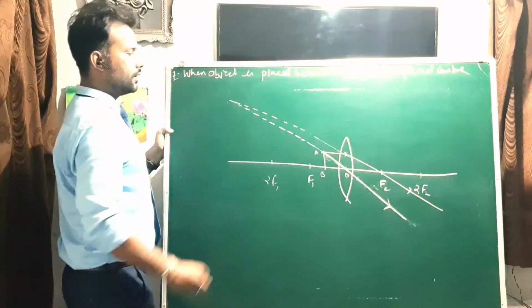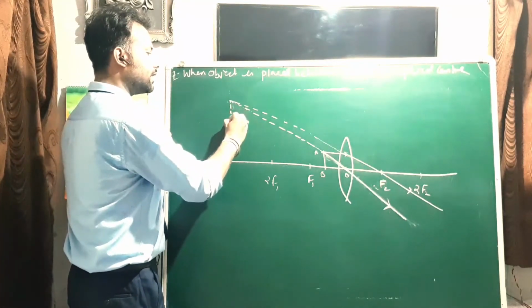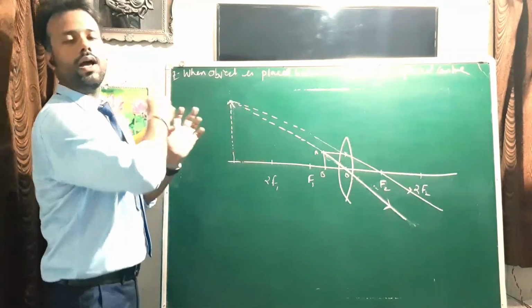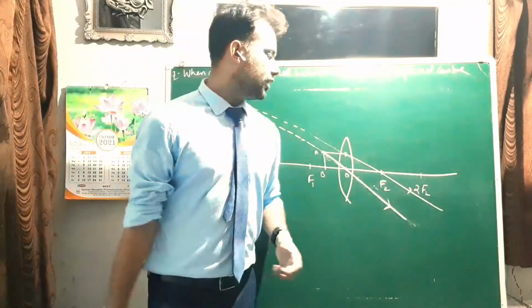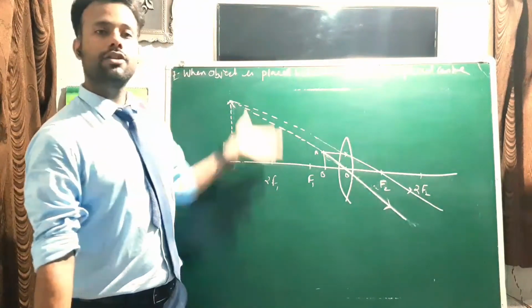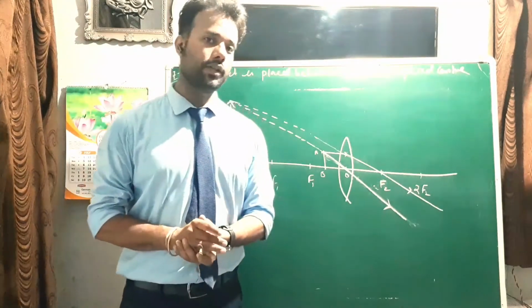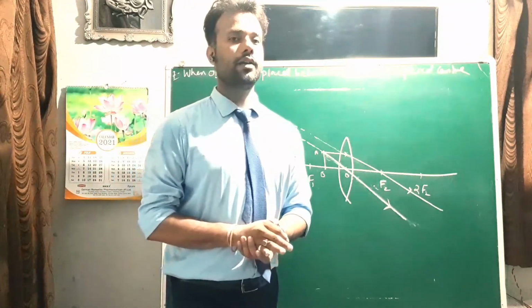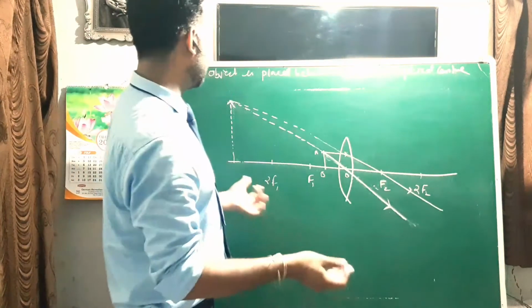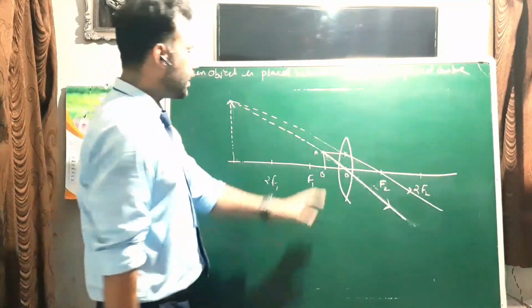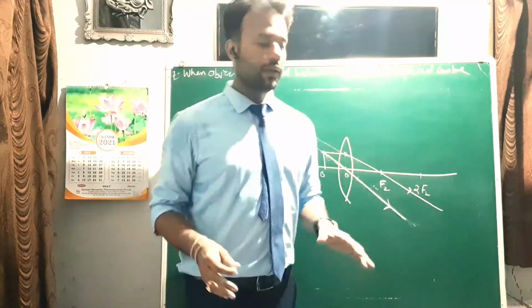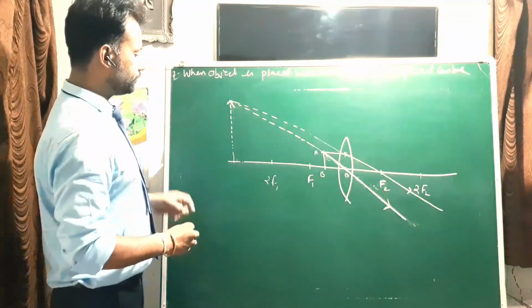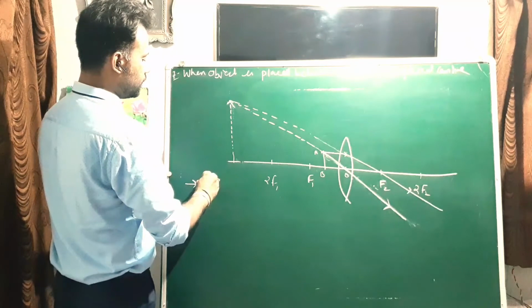See, they will intersect somewhere beyond 2F1, and you can see the image is upright, that means erect. In all of the other cases, the image formed by the convex lens was inverted, but in this case it is erect. And second thing, the light rays are actually not intersecting. We have retraced back and then they intersect. So it is a virtual image.